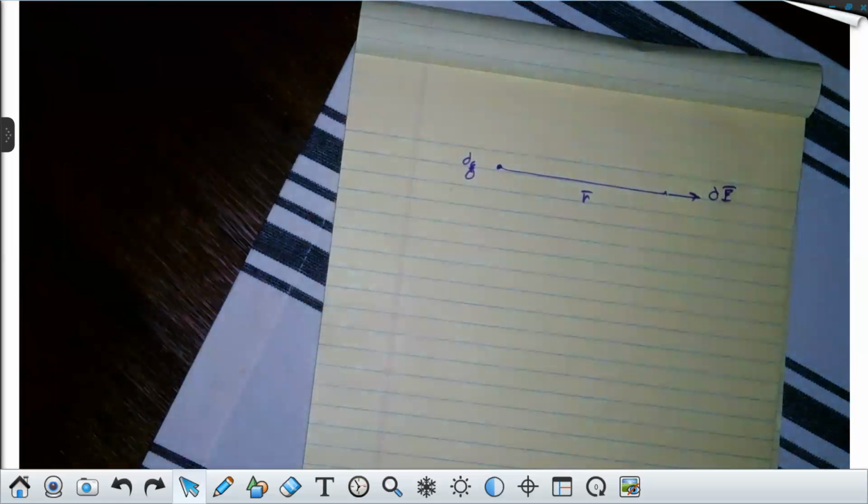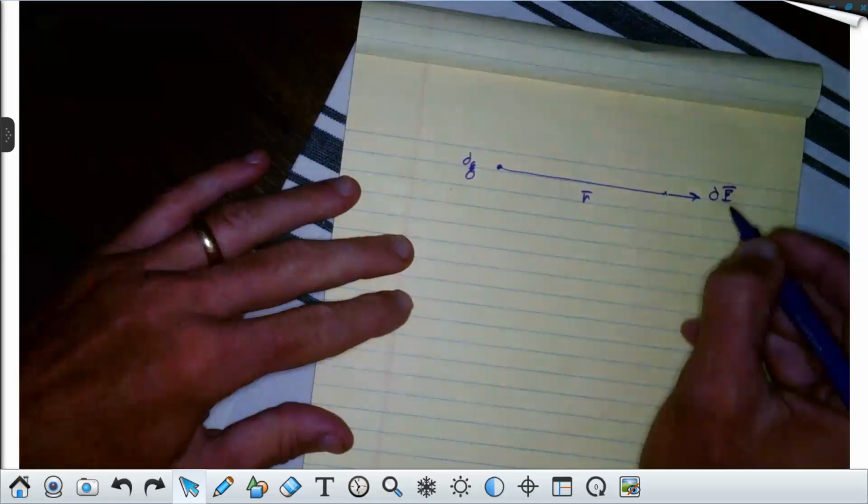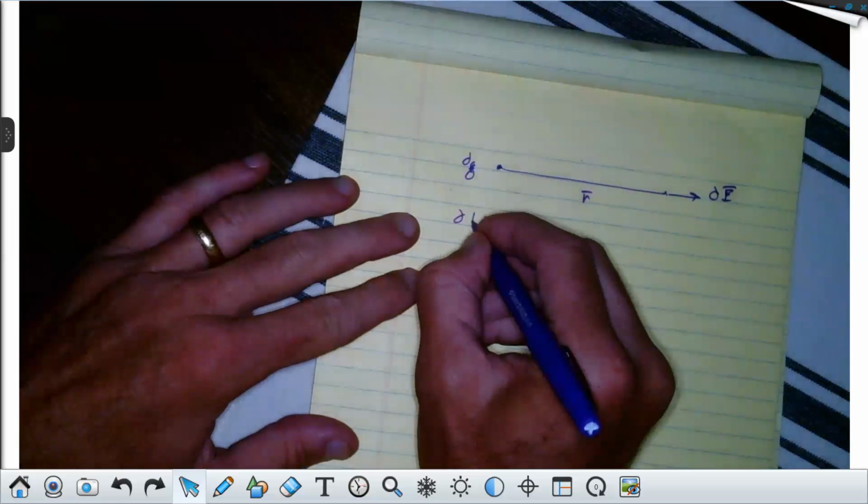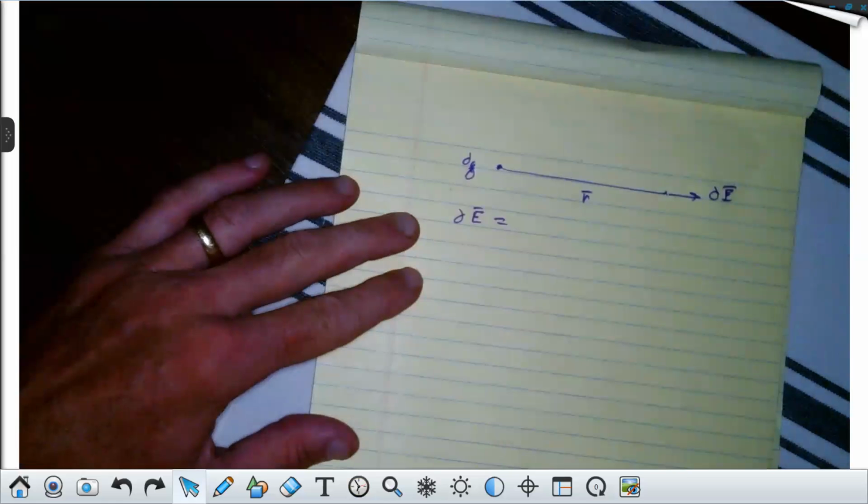Now, I'm using differential for a reason, because it implies that shortly I'm going to integrate that differential charge to get the total charge. And then by doing that, I'll get the total electric field. So the differential electric field will be just like an electric field from a point charge.